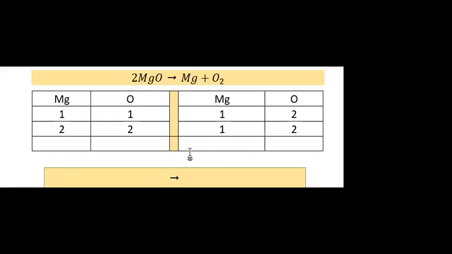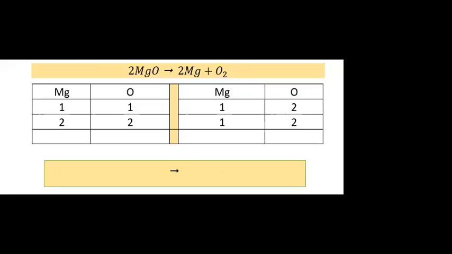Right, exactly, guys. Magnesium is unbalanced, right? So there needs to be 2 magnesiums as well on the product side. And all I need to do is add a 2 before my magnesium in the products. Yes, Michael? Thank you for raising your hand, by the way. It's really cool. Do you have a question?